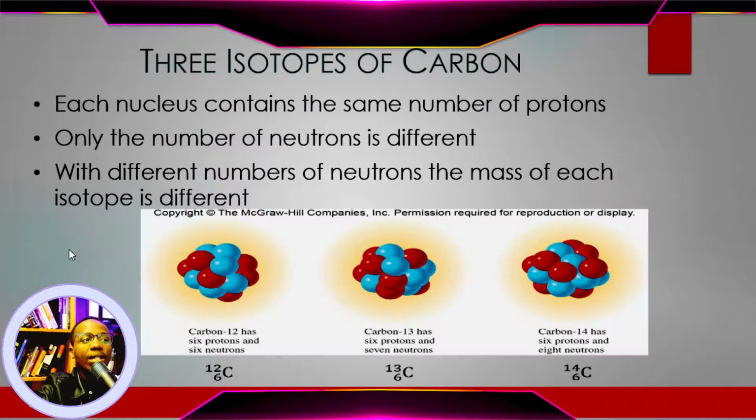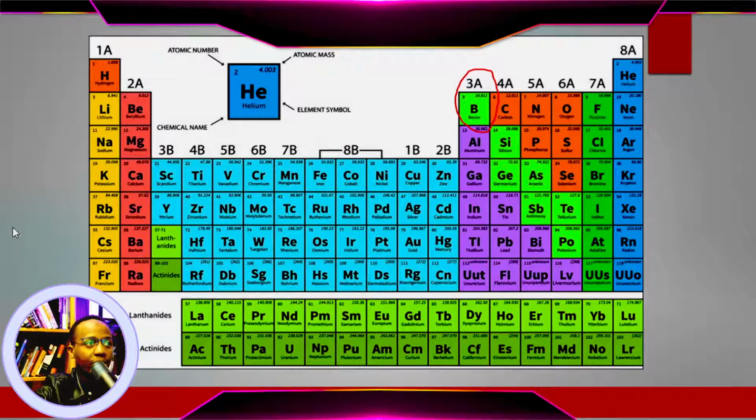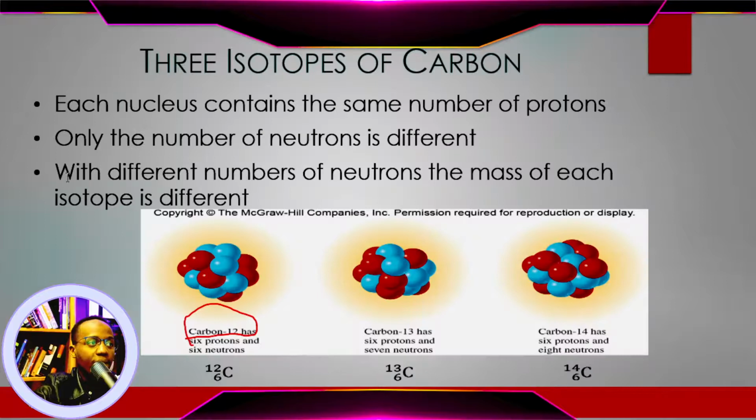So going back to the isotopes, let's look at the isotopes of carbon, for example. So your normal carbon has the mass of 12. That's why we call it carbon 12, right? So go back to the periodic table, carbon has 12. But some carbons in nature have 13 or 14 the mass.